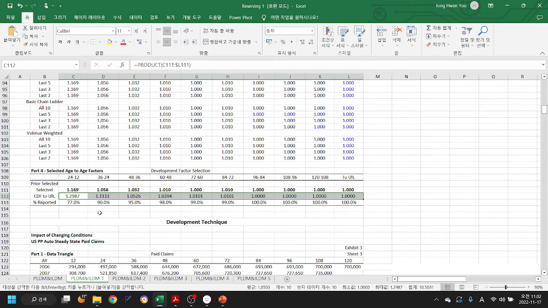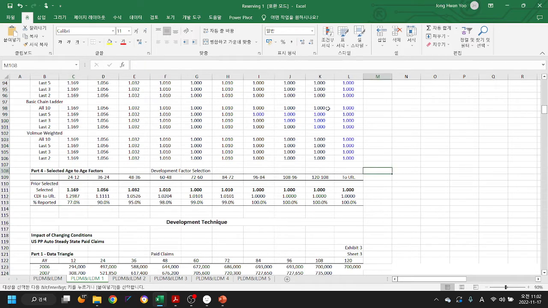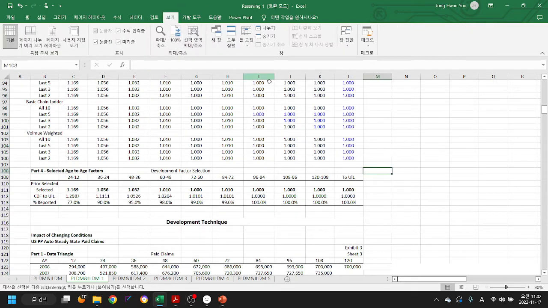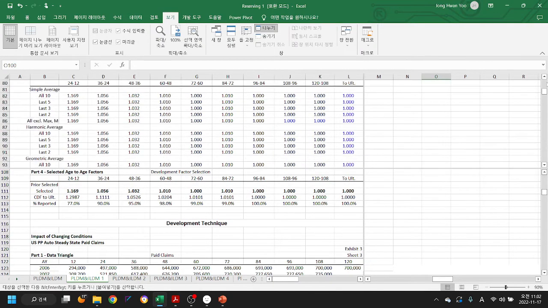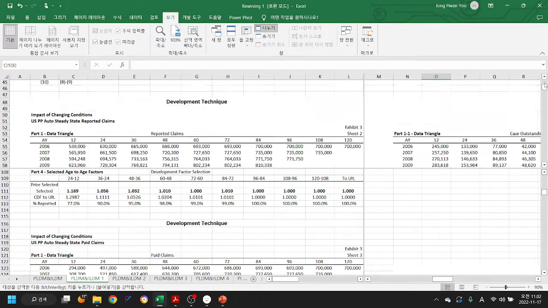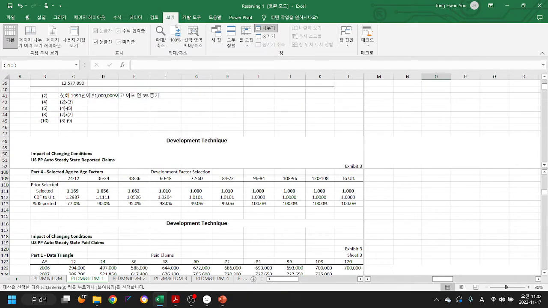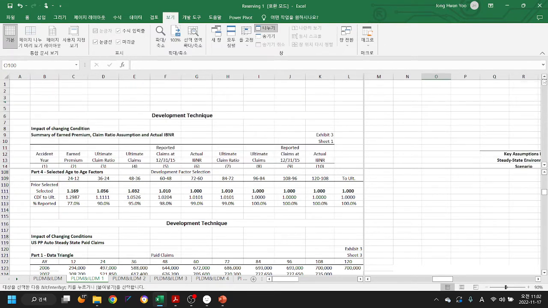And if I take the reciprocal of this, it is the reported ratio. And that is the same as what I have assumed here, because that's how I created that reported claim triangle, right?